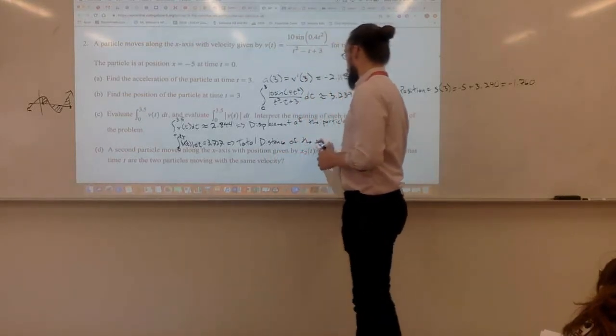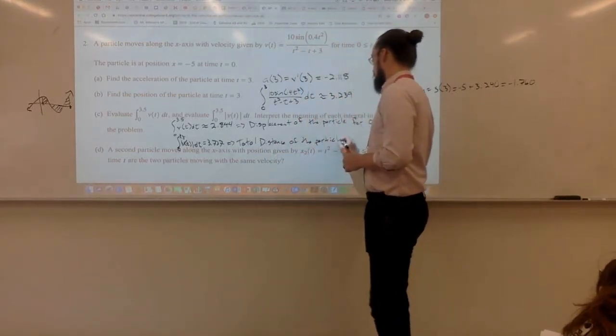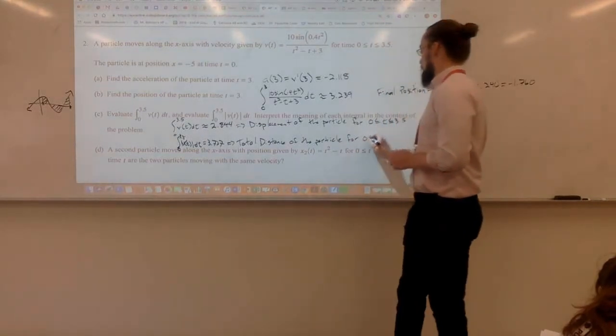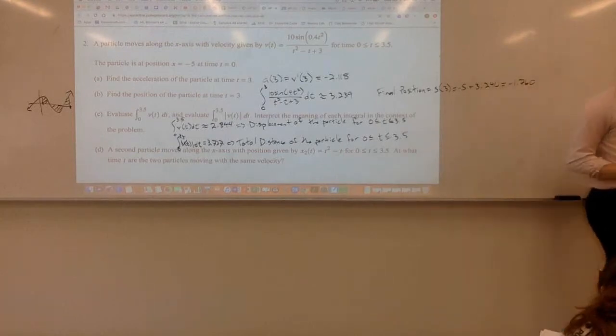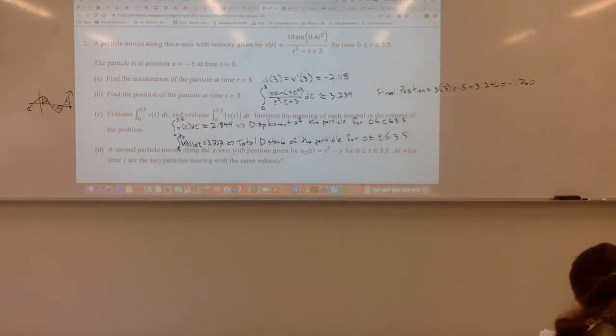Total distance of the particle on this interval. Is it okay if I say on this interval? That's fine.